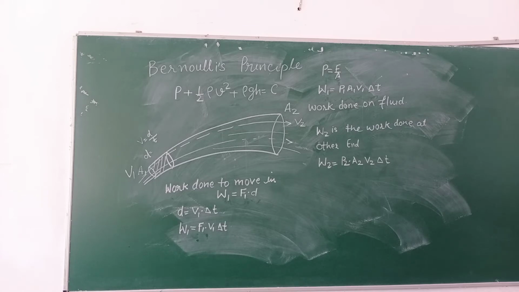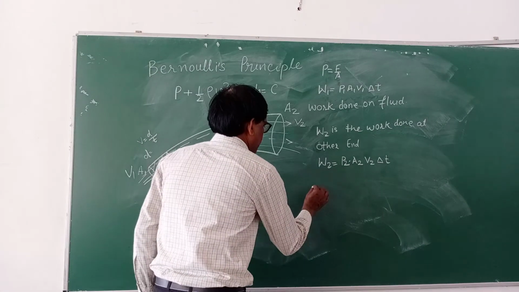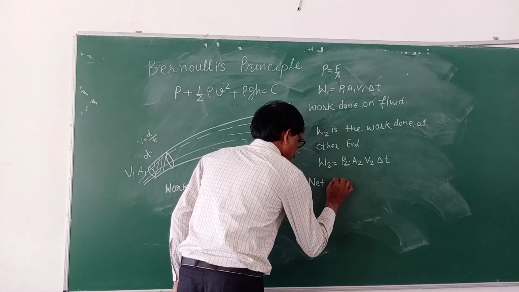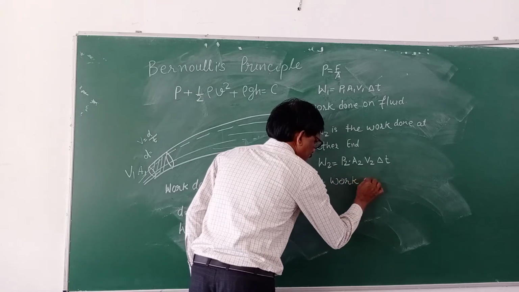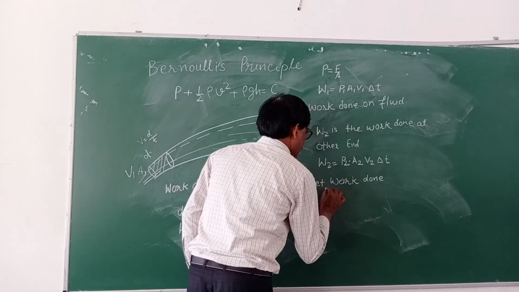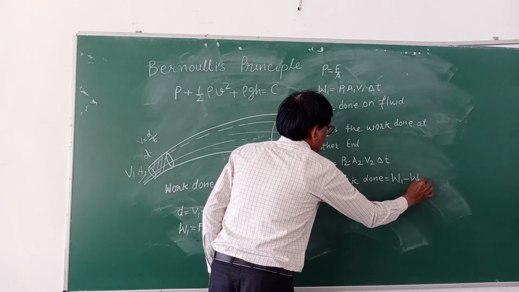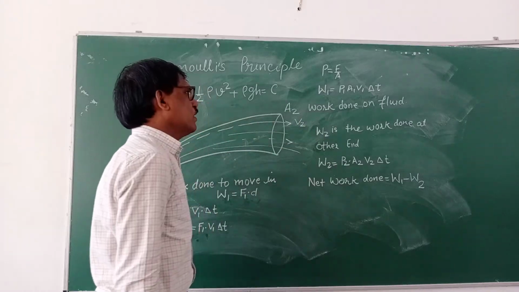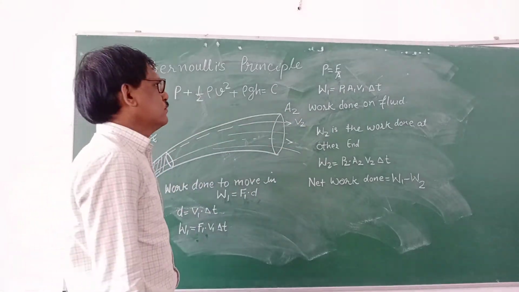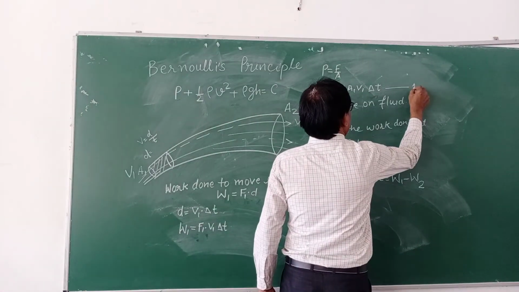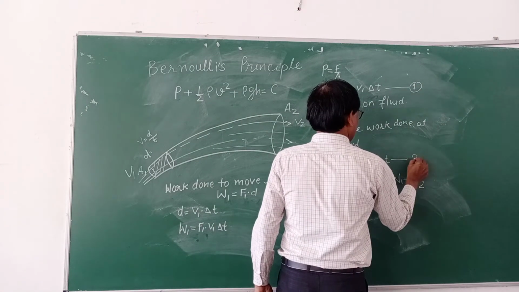So the net work done will be W1 minus W2. We can provide equation numbers: here equation number 1, and this is equation number 2.